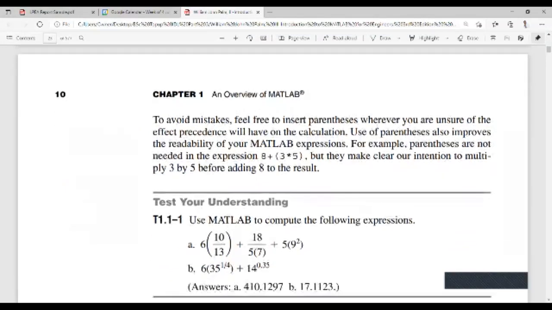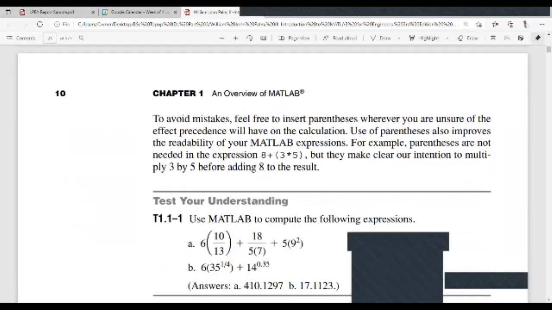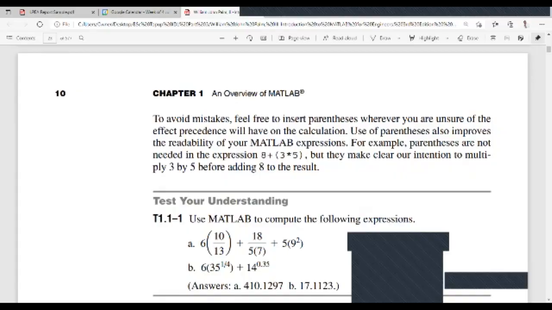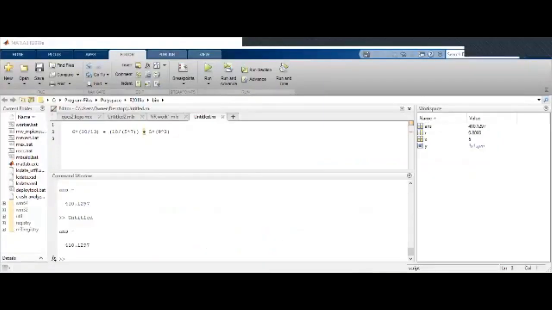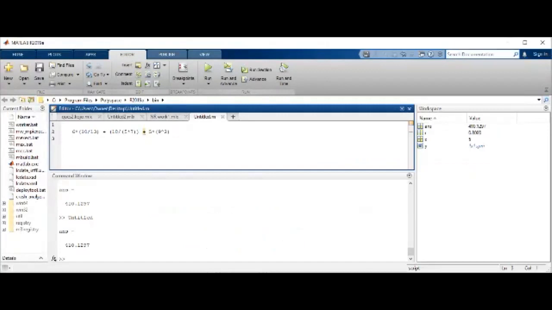Now let's go back to MATLAB and run it and see if we can get that. We can do it here. Let me say y is equal to this.